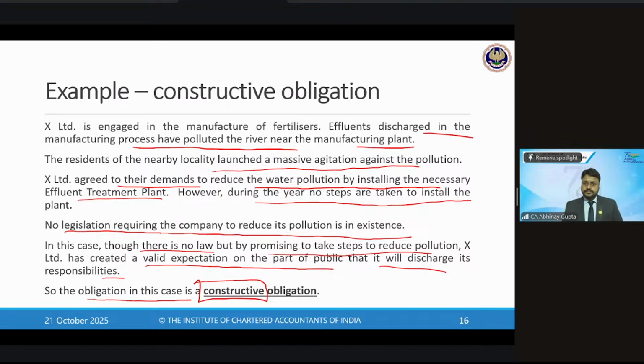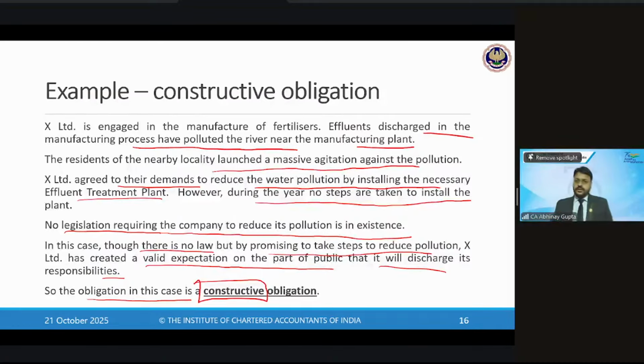Effluents discharged in the manufacturing process? No, that is not the past event. Those effluents dumped into the river is the past event. Correct? If they were not dumped into the river and were taken care of otherwise, and the river was not affected, then there wouldn't have been any past event.